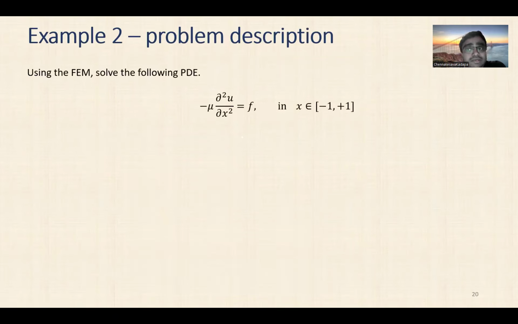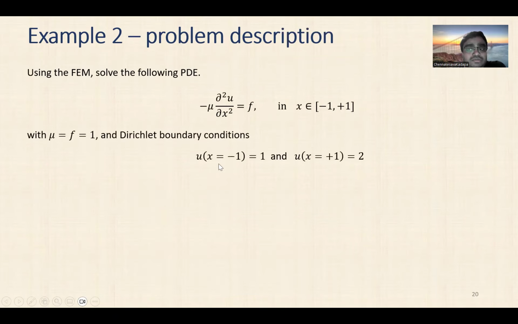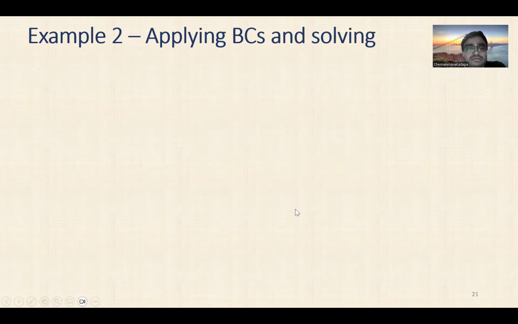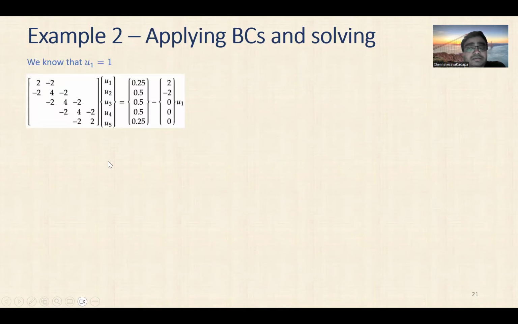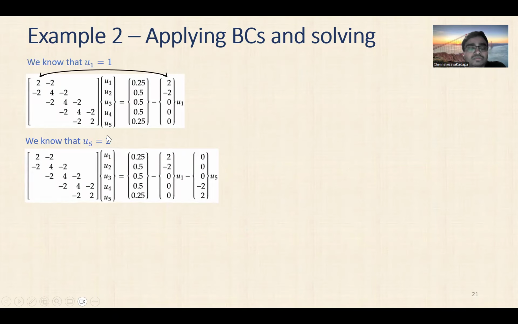Now we slightly modify our example to account for non-zero boundary conditions. The same example, mu equal to 1, f equal to 1, same domain. Instead of 0, 0, now we have 1 and 2 on the left and right sides. For this problem, the analytical solution is this. After applying the boundary condition, we know u1 and we know u5.